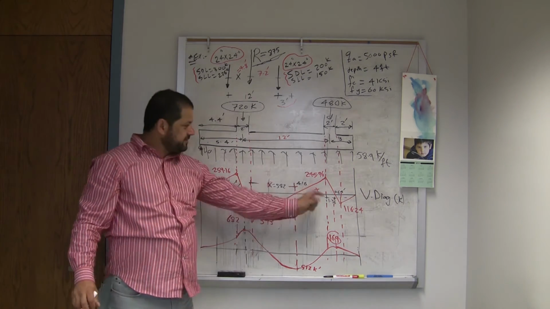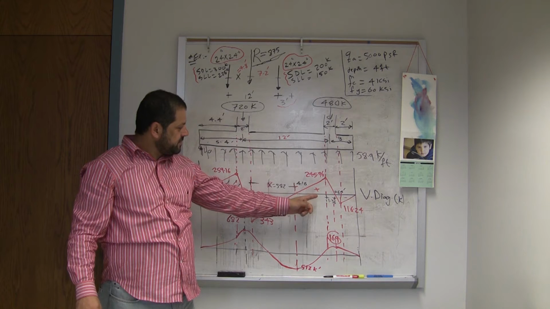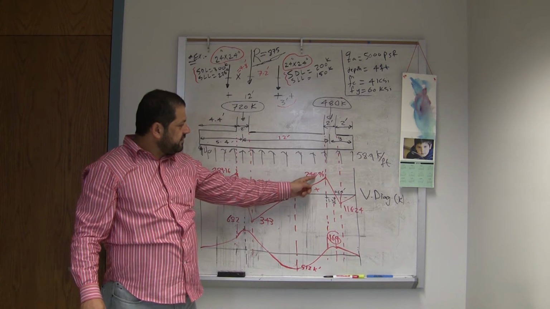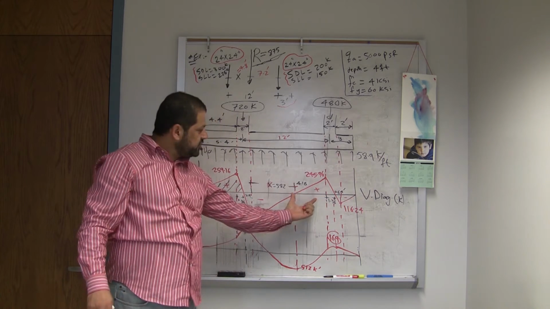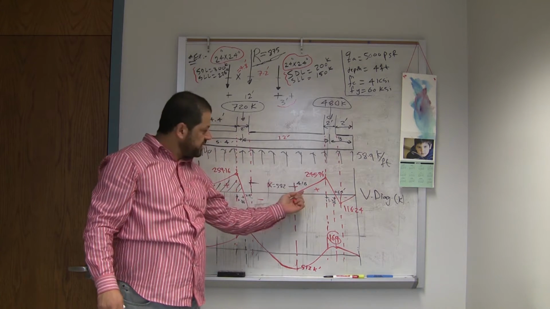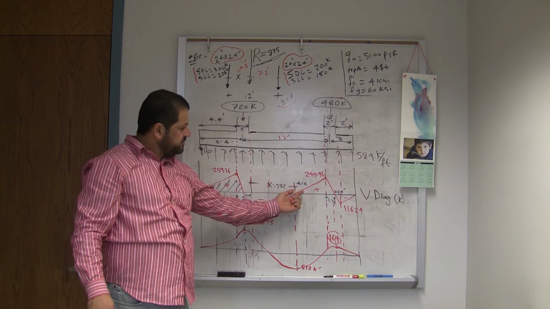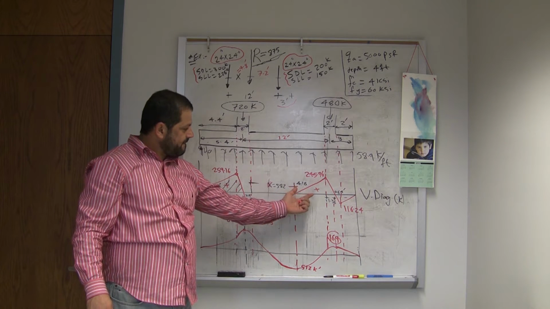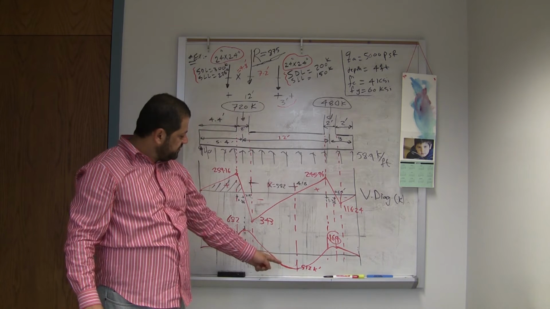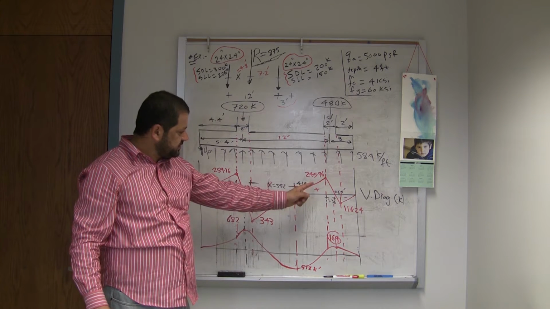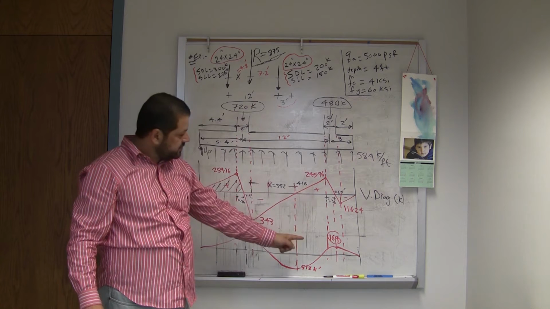Here, wait. Let's see. So 245.96 times, did you add those 1.36 to that? Minus 512, right? Minus 512. How much? That's 169.3.